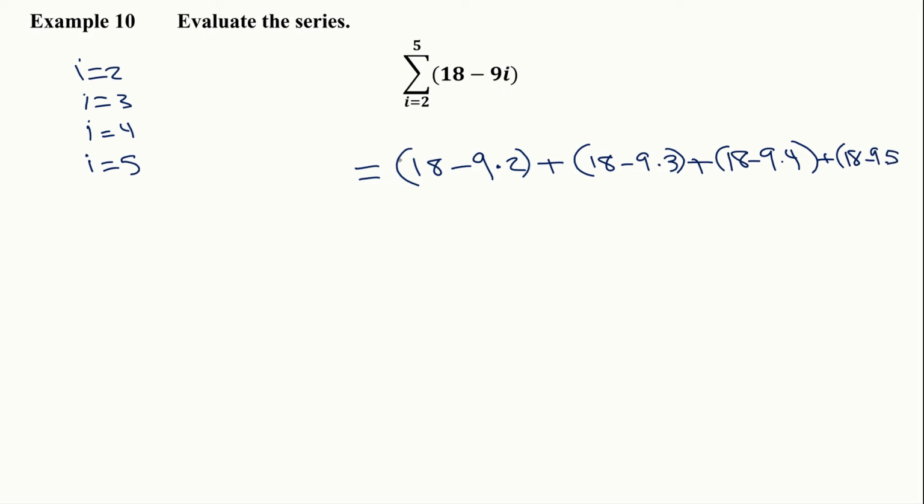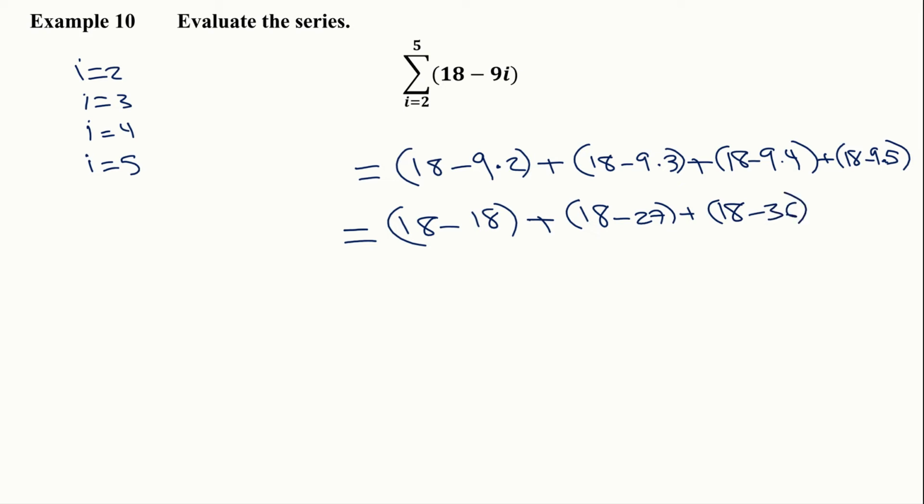We're going to learn about some properties soon that will make handling some of these easier, okay? But for the time being, we're just getting practice with the basics. So this is going to be 18 minus 18, plus this is going to be 18 minus 27, plus this is going to be 18 minus 36, and finally plus 18 minus 45.